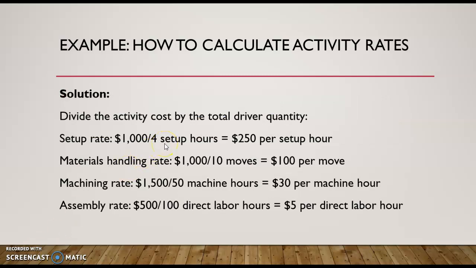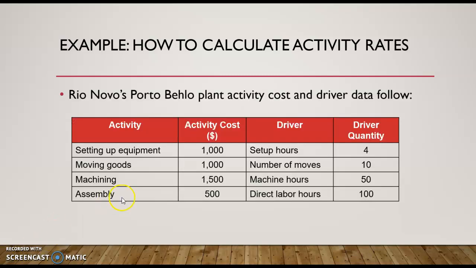Okay, so it's very simple, just like we did back for the single rate. If we were going to do a single rate for all of this, we would add up all of these costs, the 1,000, the 1,000, the 1,500, and the 500. So that'd be a total of $4,000, but then we would have to have 1 driver.